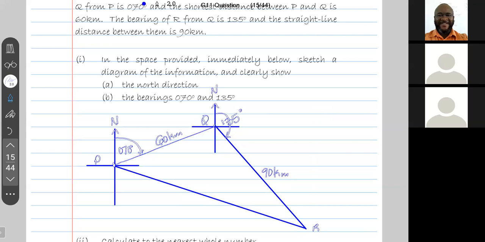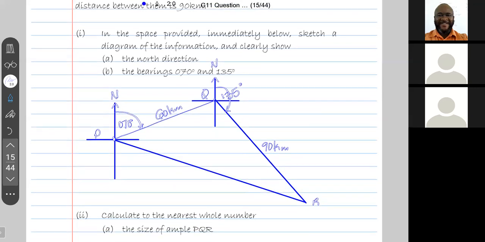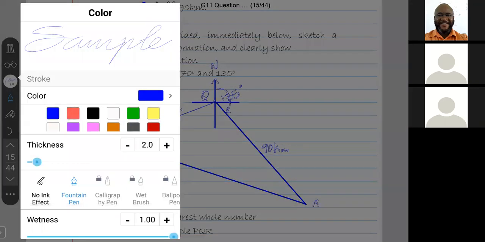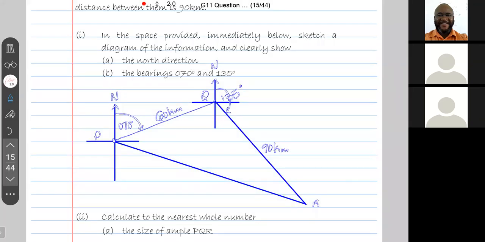This is the information that I was given, being represented as a diagram. Next, I'm asked to calculate to the nearest whole number the size of angle PQR.